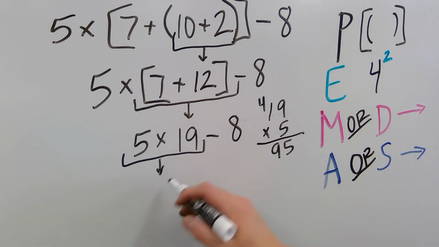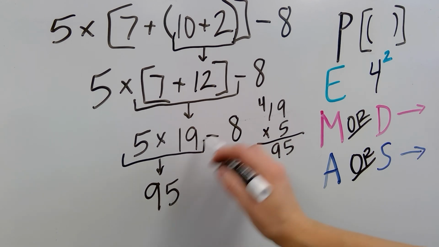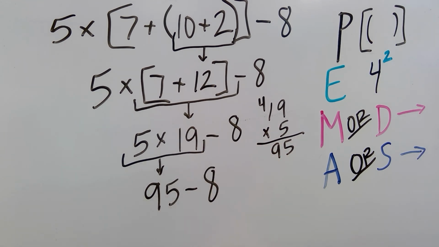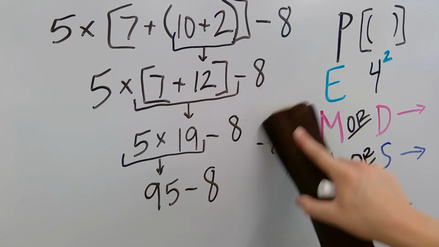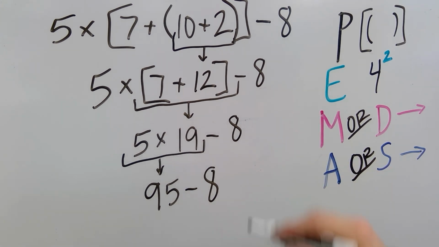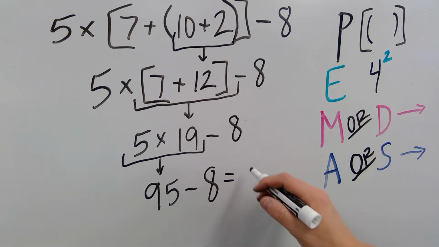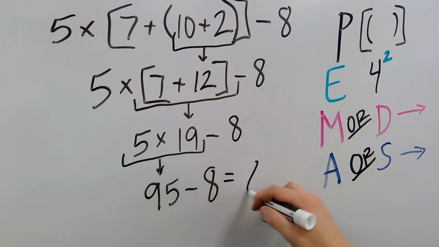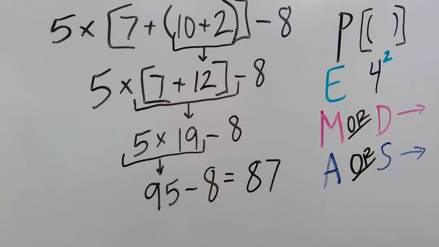So my answer is 95. And then I rewrite the rest of the problem next to it, for what I haven't used yet. And I'm left with 95 minus 8. And I can now just subtract, 95 minus 8 equals 87.